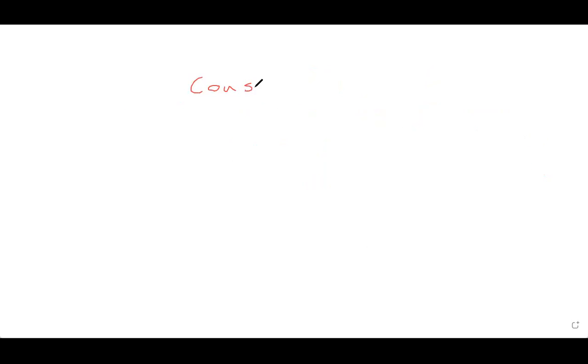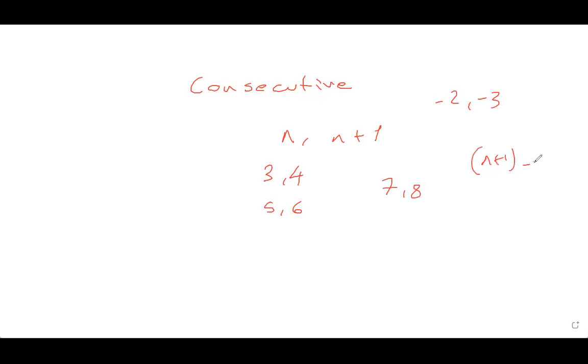Consecutive, we know what consecutive means. It means n plus 1. Like 3 and 4, like 5 and 6, like 7 and 8, like -3 and -2. The difference between them is 1 unit. N plus 1 minus n is equal to just 1. What about consecutive even integers? 2 and 4, 6 and 8, 10 and 12.